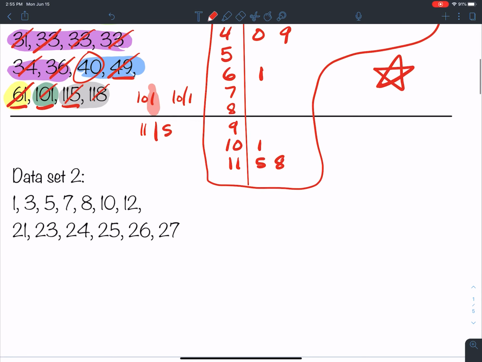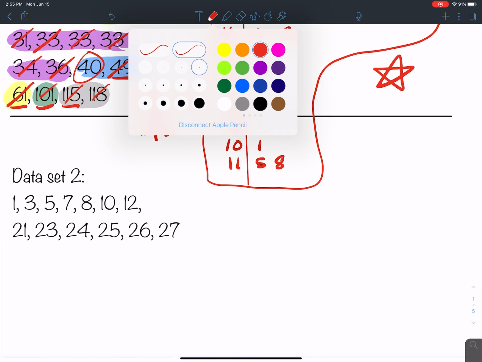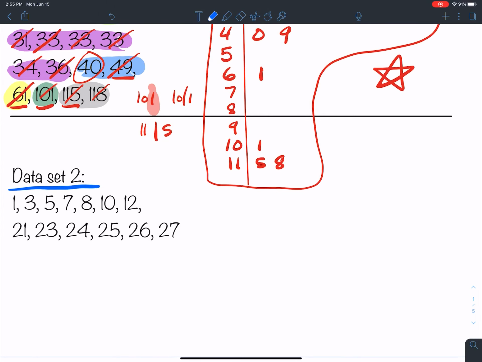Now the 2-row one would pop up if I have a data set where most of the points are centered around some smaller range. Okay, so this is the 2-row stem and leaf plot.